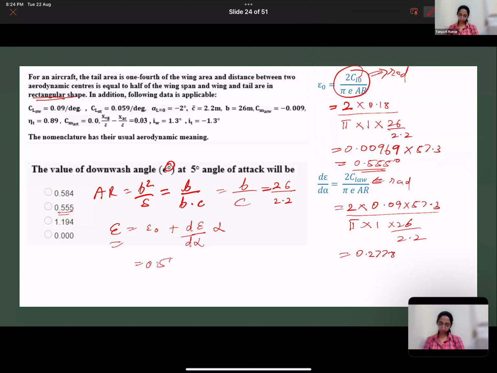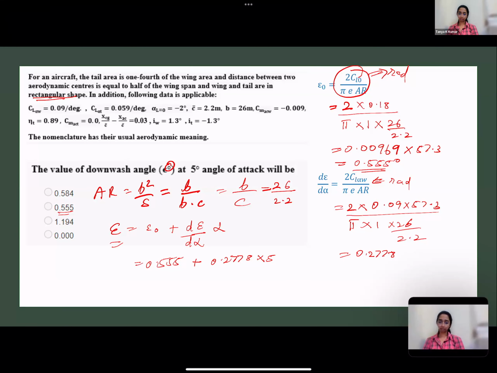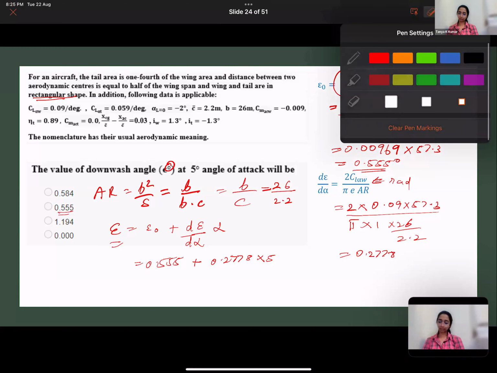Epsilon naught is 0.555 plus 0.2778 into 5. What is the value?